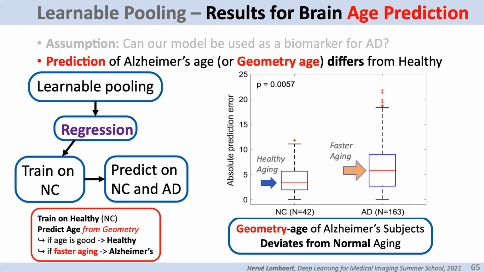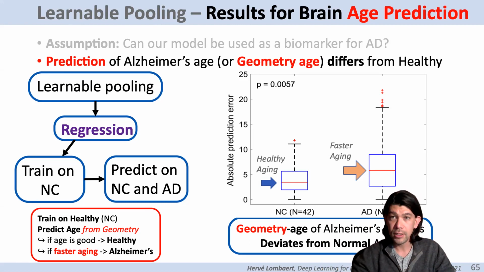So it's basically showing that the person, with his geometry, has signs that his brain is aging faster. That's one way to maybe see that the subject is developing something wrong, such as Alzheimer's, for example. So the geometry age here deviates from the normal age here.